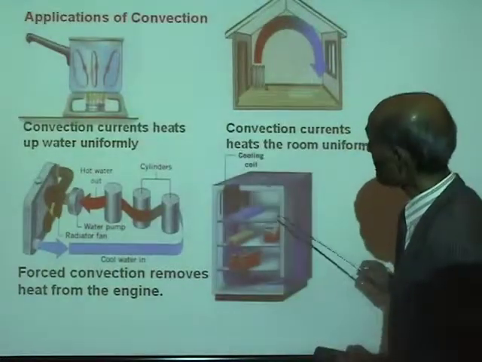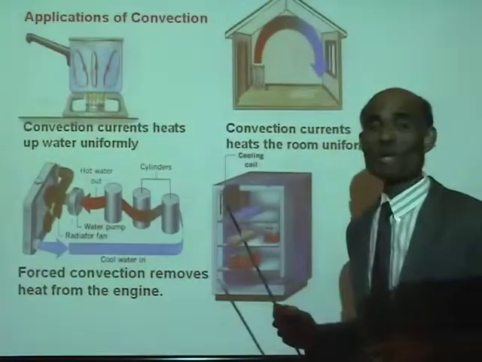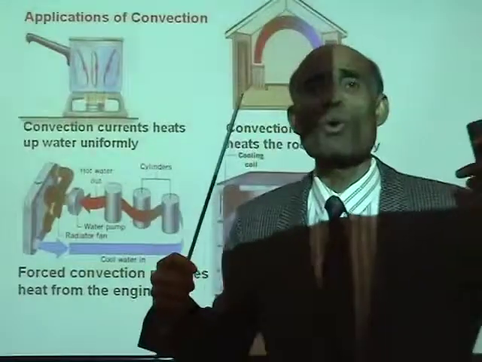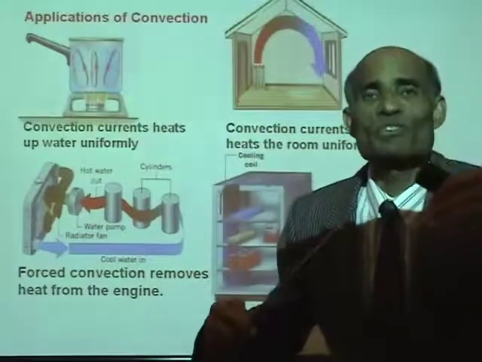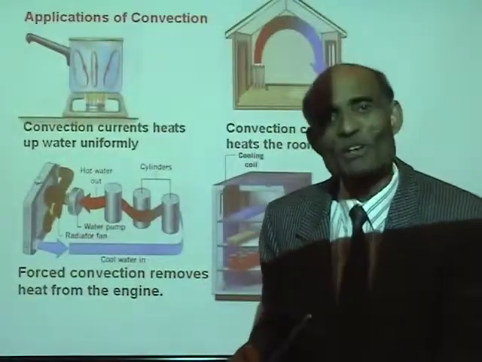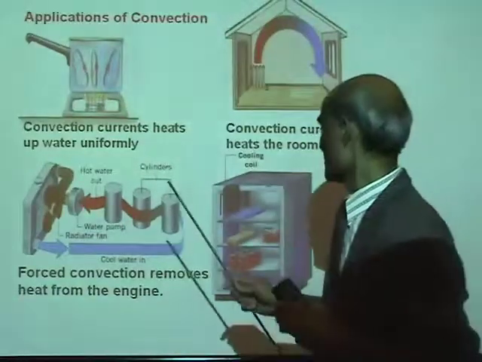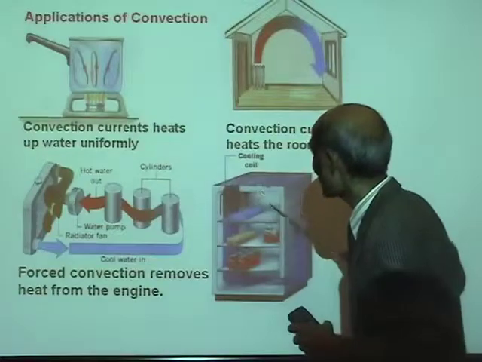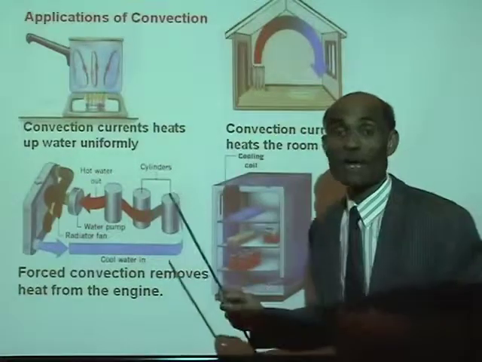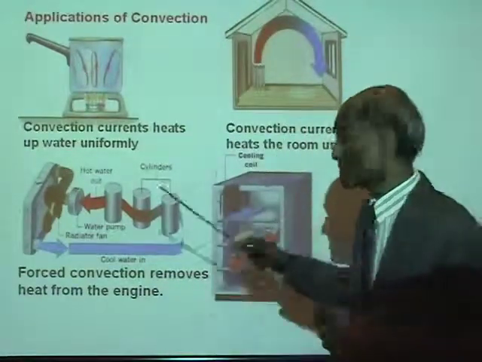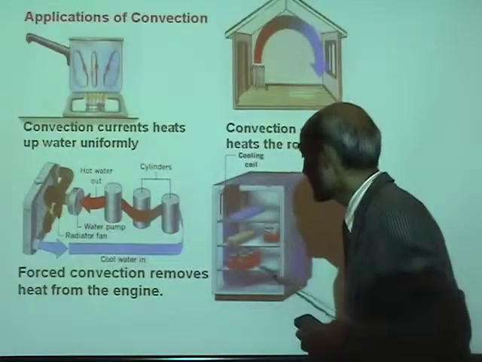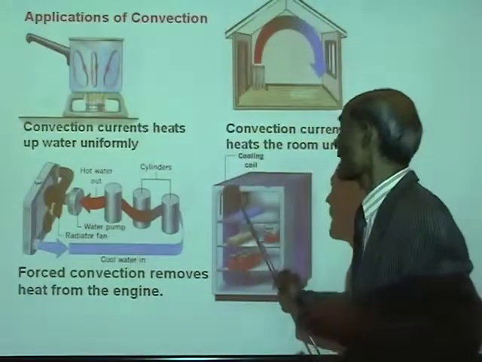Alright, look at the refrigerator. Have you ever noticed where the cold air comes into your refrigerator? Does it come at the lower compartment or at the upper compartment? Well, this is where the cold air is, and the cold air is denser, so that will sink and warm air will rise.